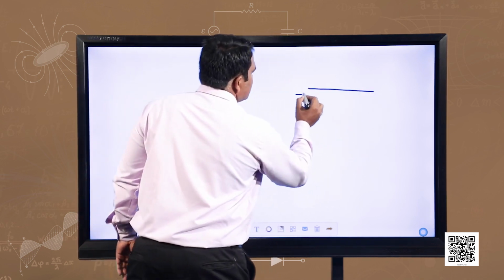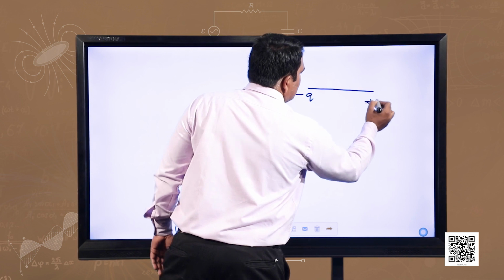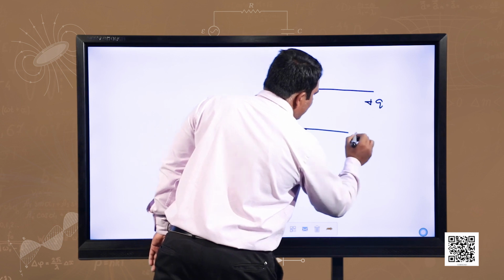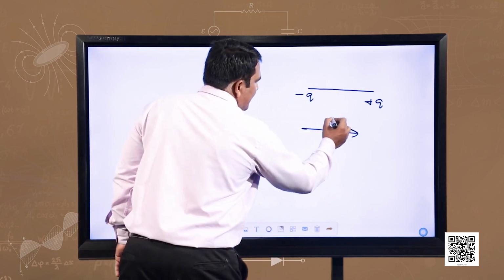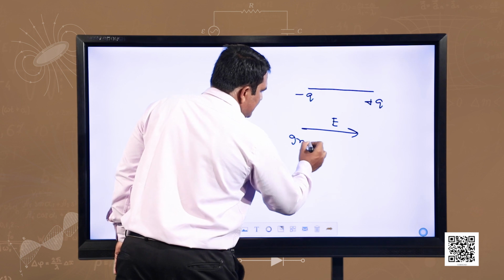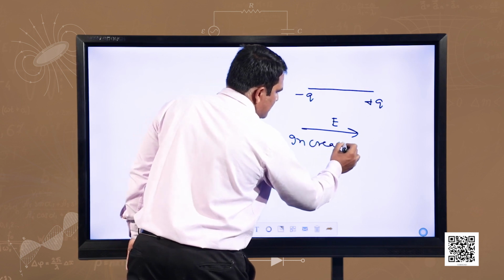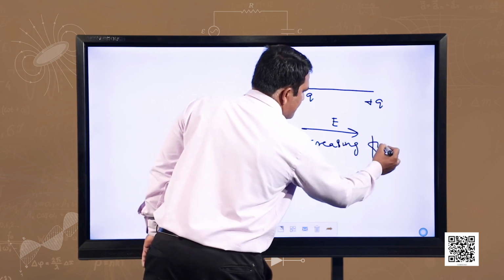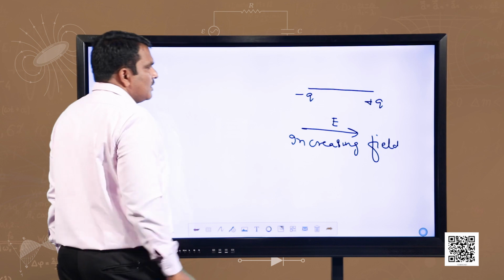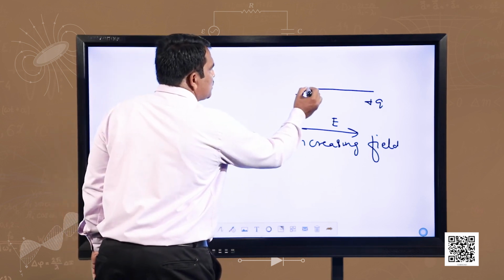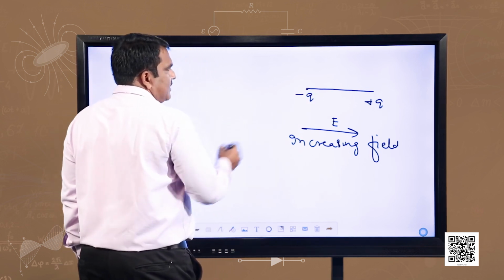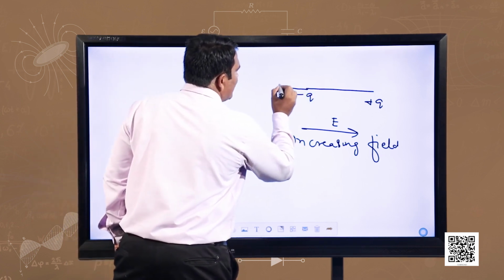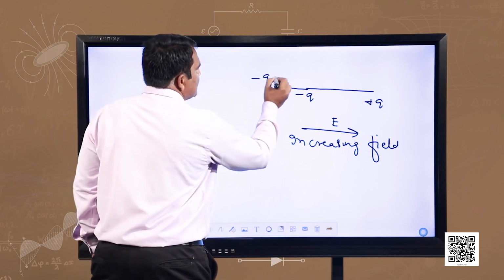Suppose this is our electric dipole and it is placed in non-uniform electric field which is increasing from left to right. This is your electric field increasing field. Suppose the electric field at the position of minus q is E1. So, the force on this minus q charge will be towards left and it will be minus q E1.